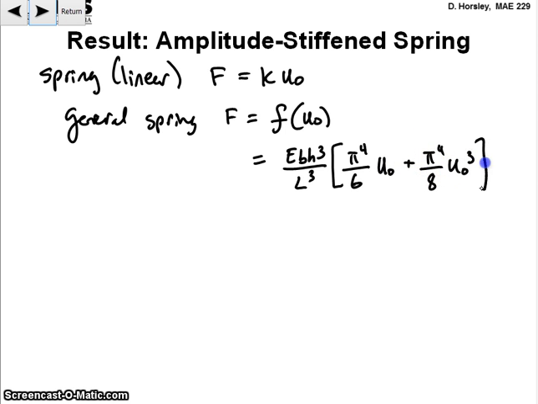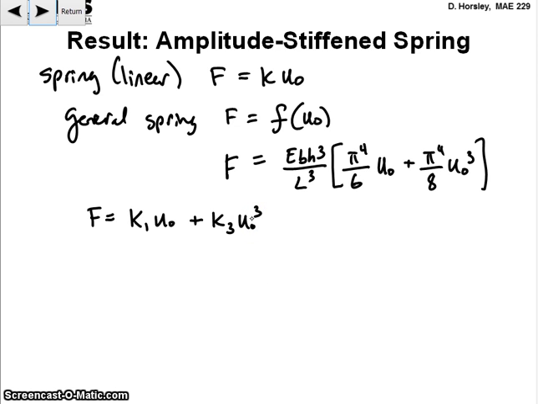If we want to think about it as being like a spring constant, we could write F is equal to some linear term, K1 times u naught, plus K sub 3 times u naught cubed.